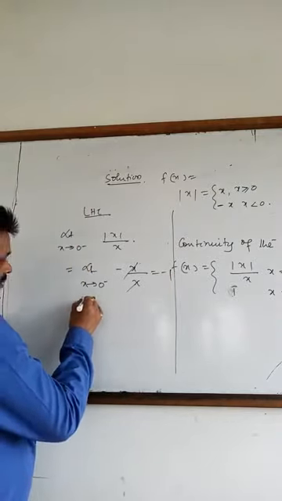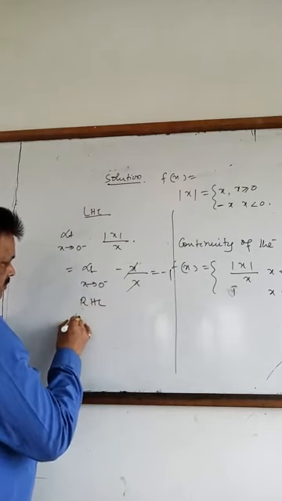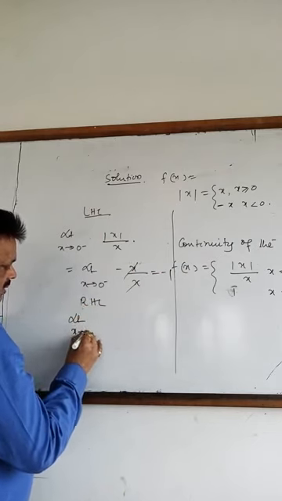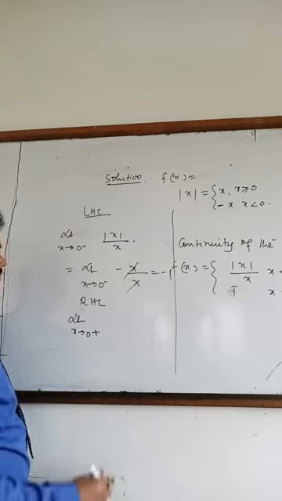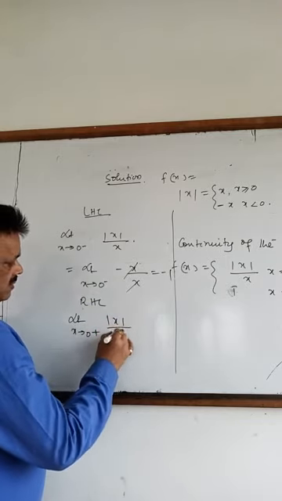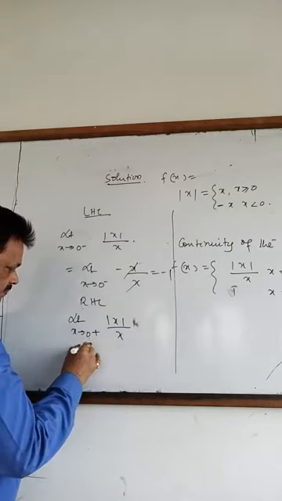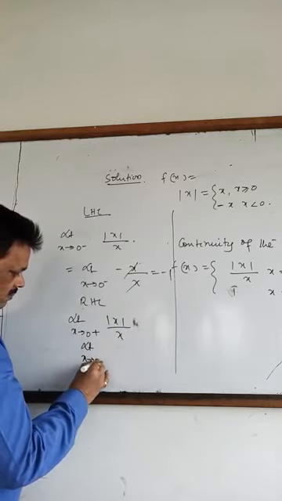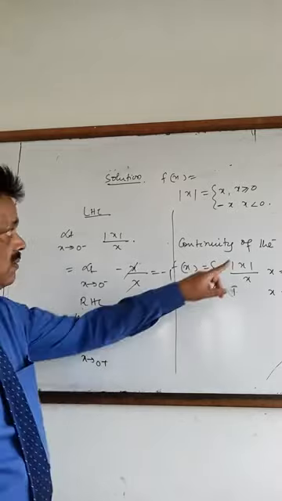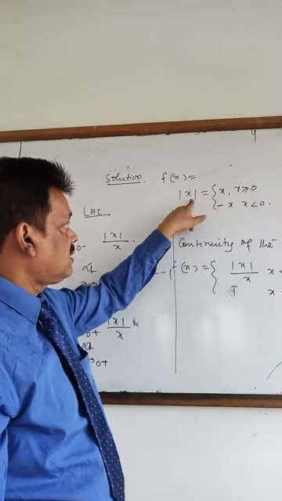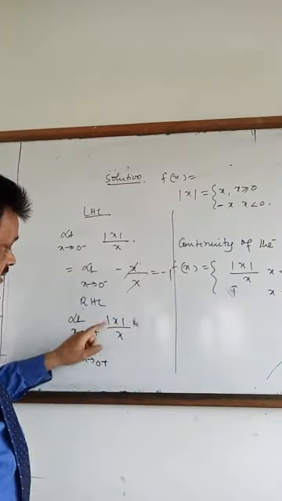Now write the limit, that is limit x tends to 0 plus of mod of x by x. So 0 plus means what? Greater than 0. So when greater than 0, mod x is x. Only this one will be changing.